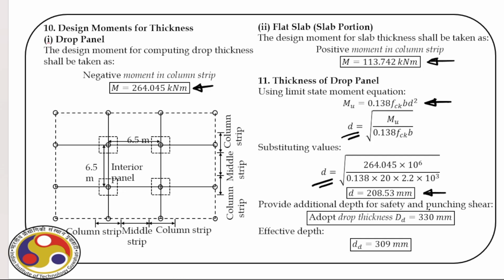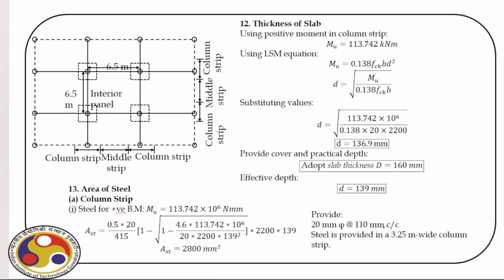So we have to provide some additional depth for safety and of course for punching shear. So adopt the drop of 330 millimeter. So effective depth from here you can calculate, which is 309 millimeter, right? Okay. Now comes thickness of the slab using positive moment.